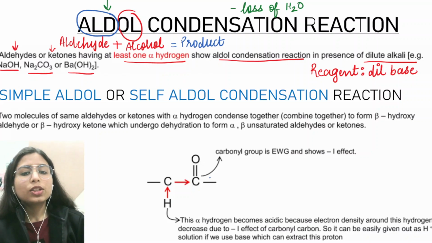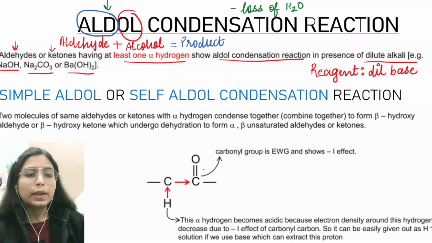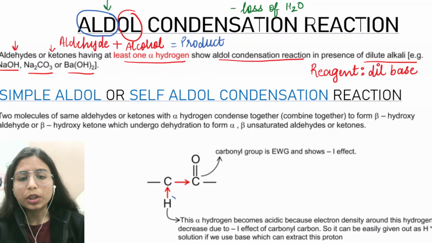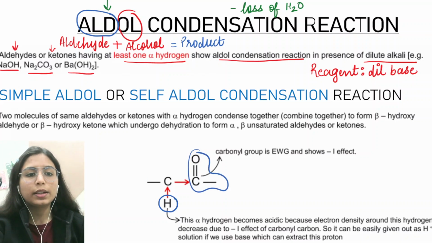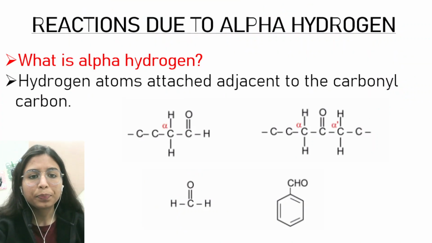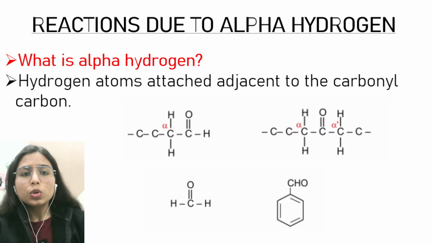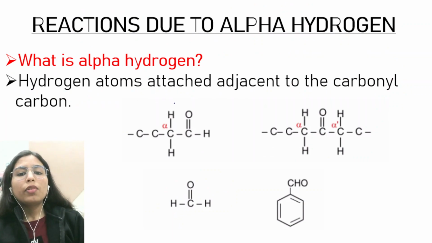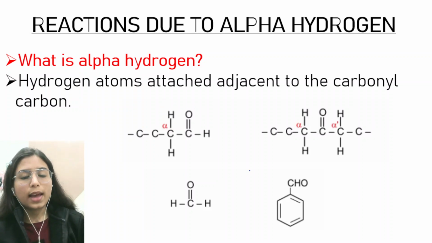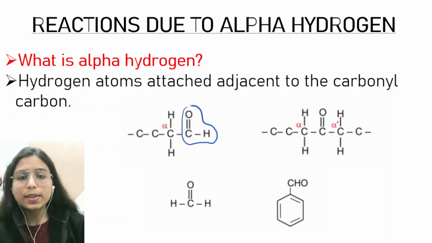So first let us try to understand what is an alpha hydrogen. Basically, it is the hydrogen that is attached adjacent to the carbonyl group. Let me just show you this slide here. To understand what an alpha hydrogen is, we have all these examples. Just identify the functional group. This is your functional group here, that is your aldehyde.